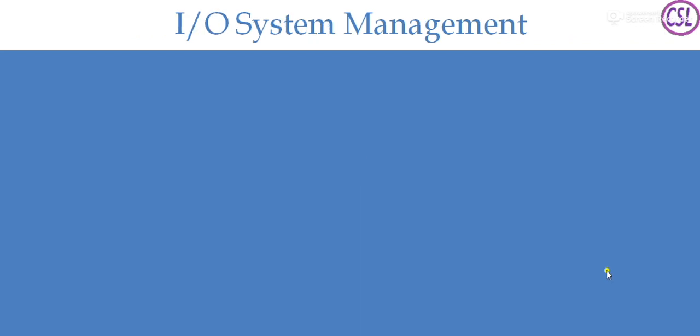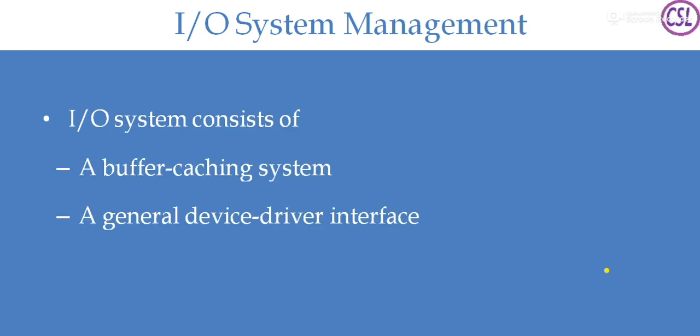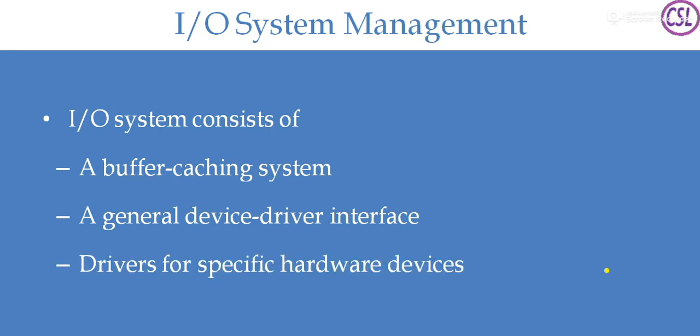The next component we are going to discuss is input-output system management, I/O system management. The I/O system consists of a buffer caching system, a general device driver interface, and drivers for specific hardware devices. That means for every input-output device, because so many are attached to a computer.